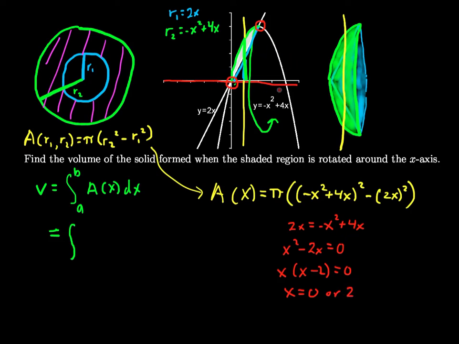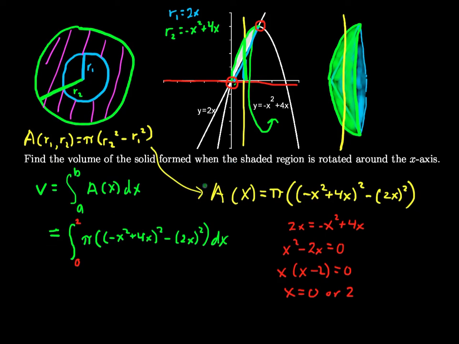Since I'm going across dx's here, I'm going to use those as my endpoints. So from 0 to 2 of my area, which is pi times negative x squared plus 4x, squared, minus 2x, squared, dx.